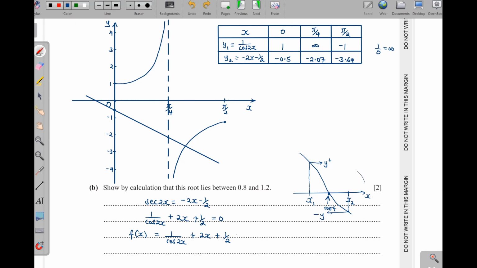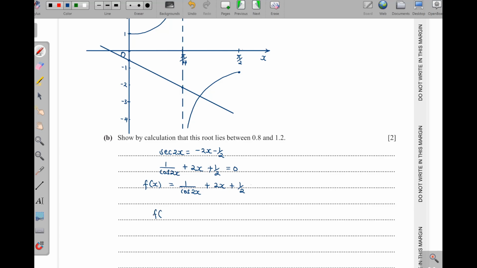Now, since these two values of x give different signs of the function, that means the root is in between the two. For two values, one on the left and one on the right, they should give different signs of that given function. All right, so now let's check in here.